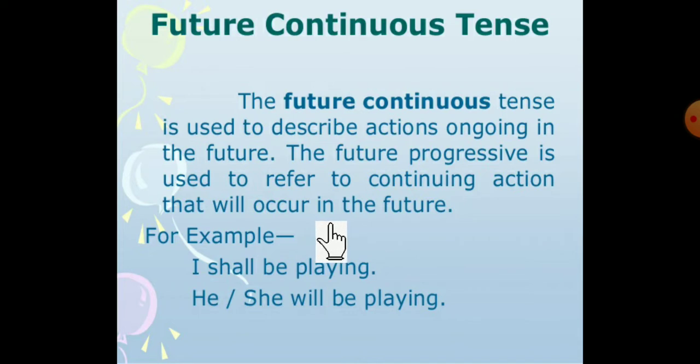Subject plus will plus be plus verb first form plus ing. For example: I shall be playing. Second example: he or she will be playing. So shall be and will be are important for future continuous tense.